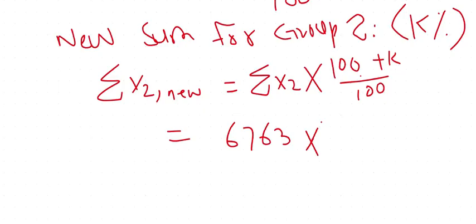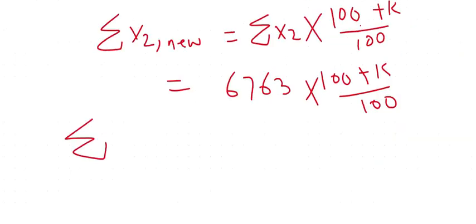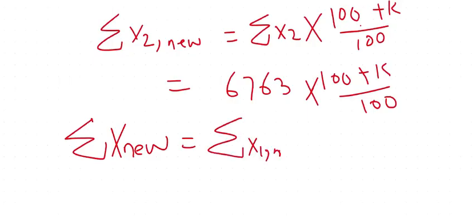Now we have to sum up the equations. What we get, we have summation x new, which equals summation of group 1, x1 new, plus summation x2 new. Okay, now I'm just going to add up the values we have.